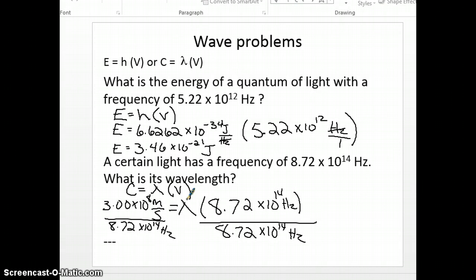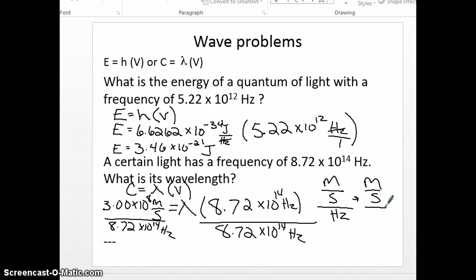Now, one thing you have to remember when you're doing this: what we have here really is meters per second, if you look, divided by hertz. Okay, which is meters per second.